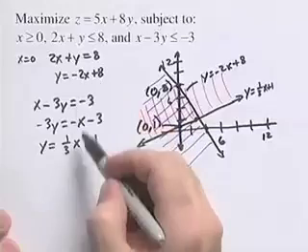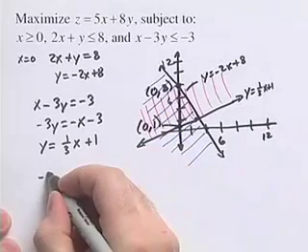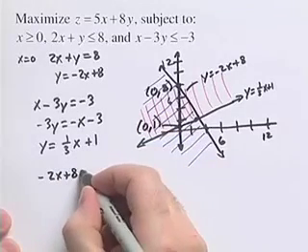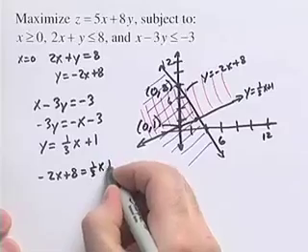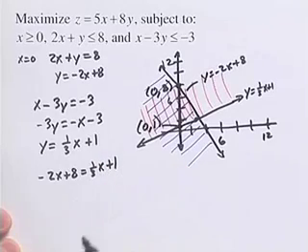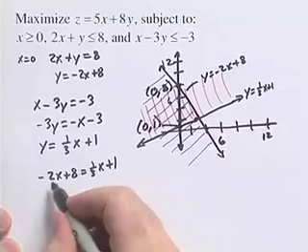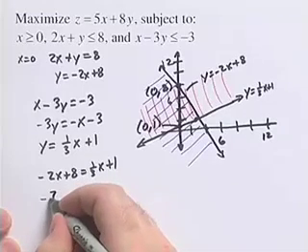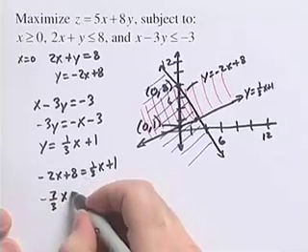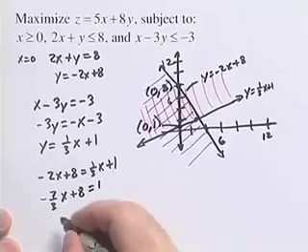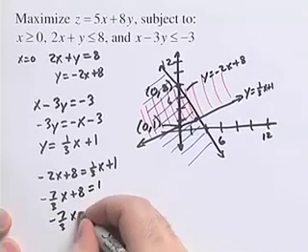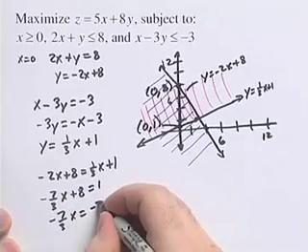So we're going to set the two y's equal to each other. So we'll have negative 2x plus 8 equals 1/3 x plus 1. We need to solve this for x. We'll go ahead and subtract 1/3 x from both sides. So this will be negative 7/3 x plus 8 equals 1. Negative 7/3 x. We subtract 8 will be negative 7.